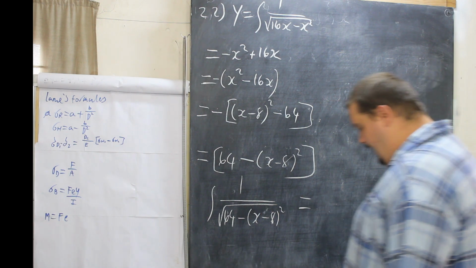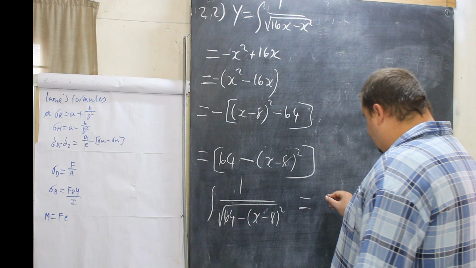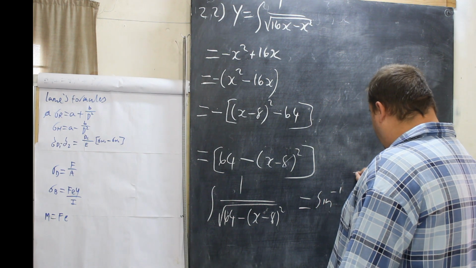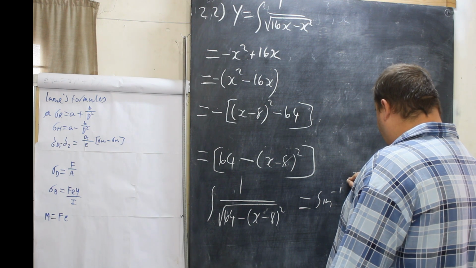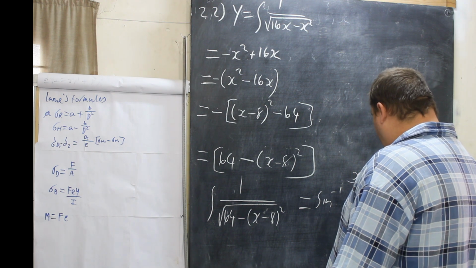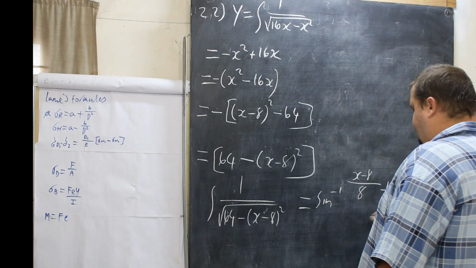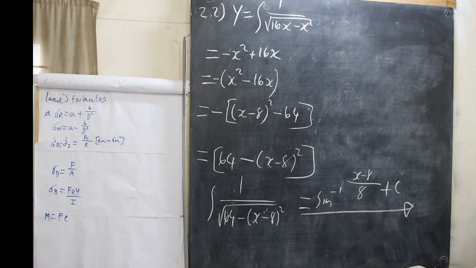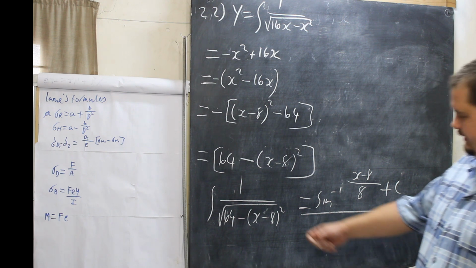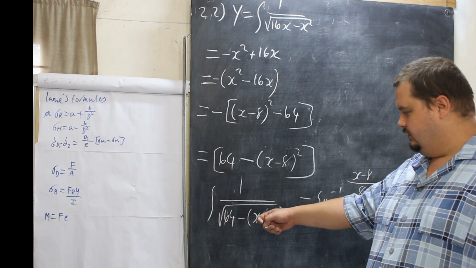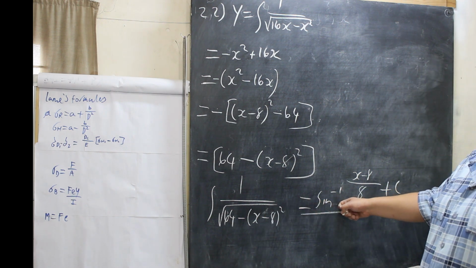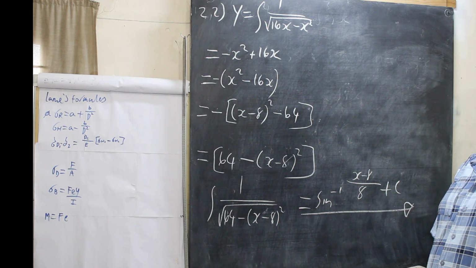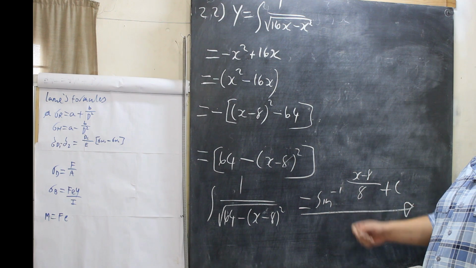So the integral of that is sin to the minus 1 of (x minus 8) over 8 plus c. It goes straight like that. I took it straight from there to its integral. That is exactly how it starts.